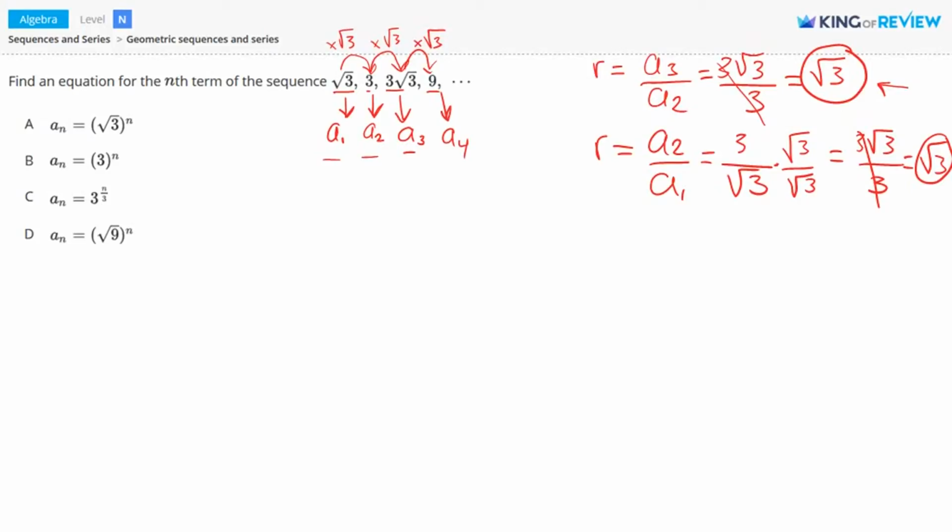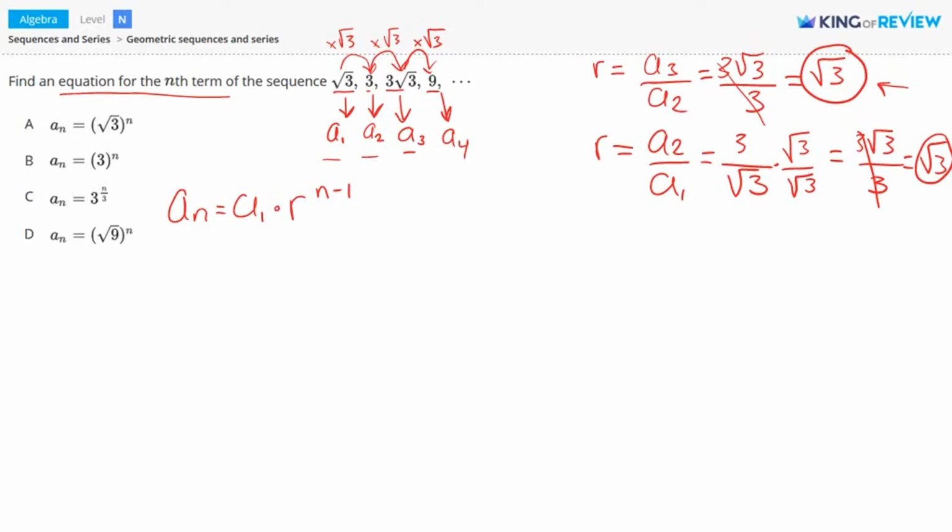The question asks to find an equation for the nth term. The rule for a geometric sequence is an equals a1 times r to the n minus 1 power. This is the nth term of a geometric sequence with a1 as its first term and r as the common ratio.